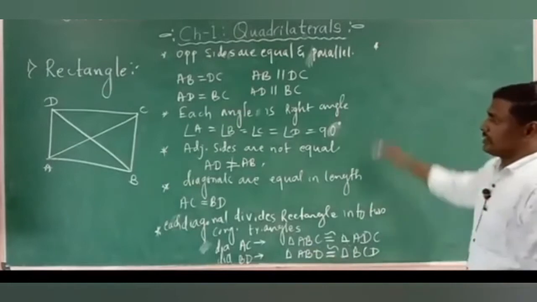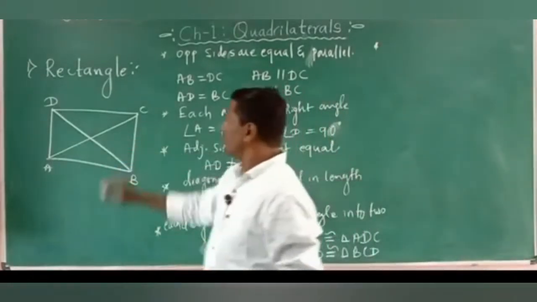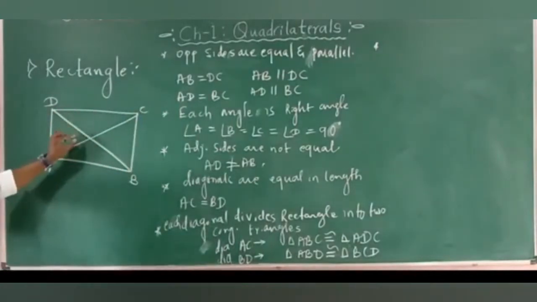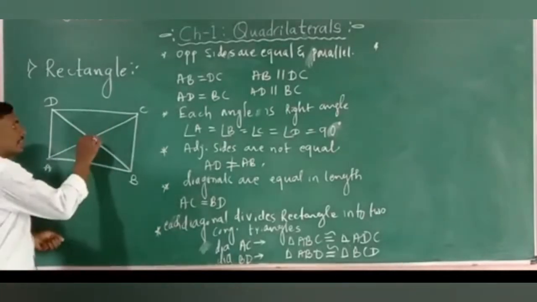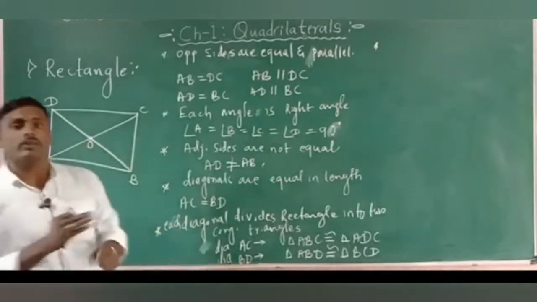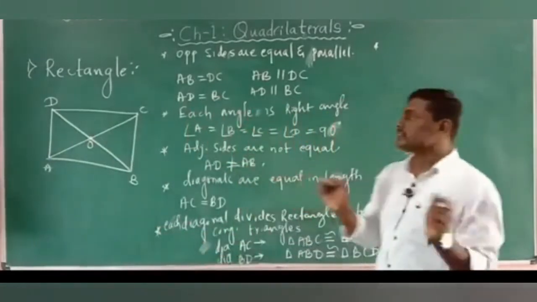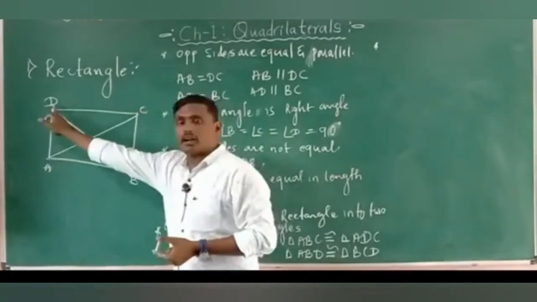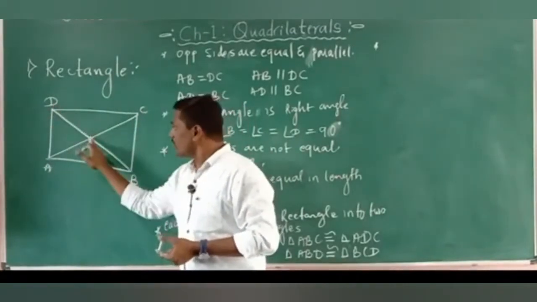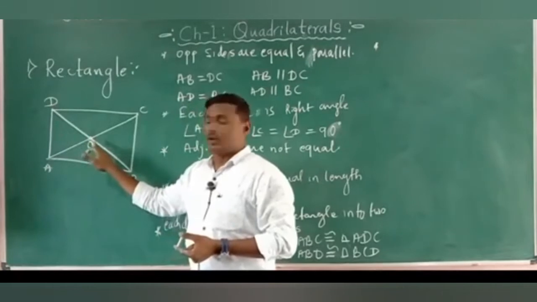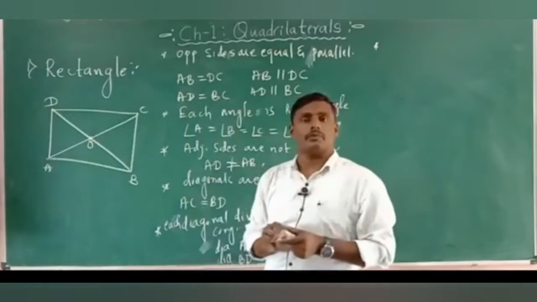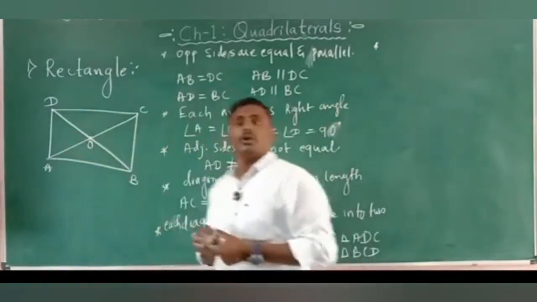Sixth property of the rectangle. What is that sixth property? When two diagonals intersect at one point, the diagonals of the rectangle bisect each other. It means here AC and BD are the two diagonals. They meet at one particular point O. When they intersect, each diagonal divides into two equal parts, bisected into two equal parts.